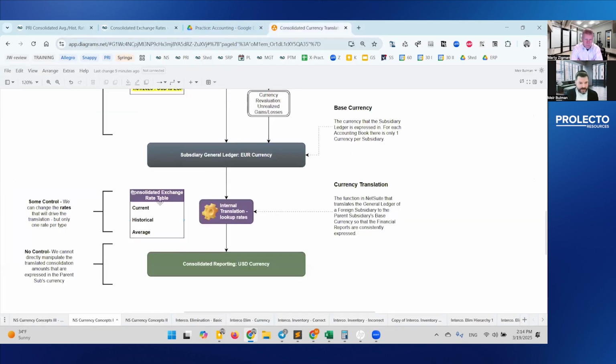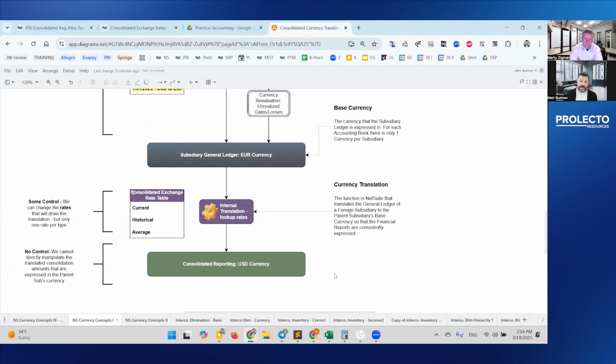So just coming back here real quick. And so there's our table. NetSuite does this lookup, and that's what's translating the ledger from the local or functional currency into the consolidated currency. And what's important to realize is this is being done in real time when you run a consolidated report in NetSuite. NetSuite is not actually booking transactions when it's doing this conversion.